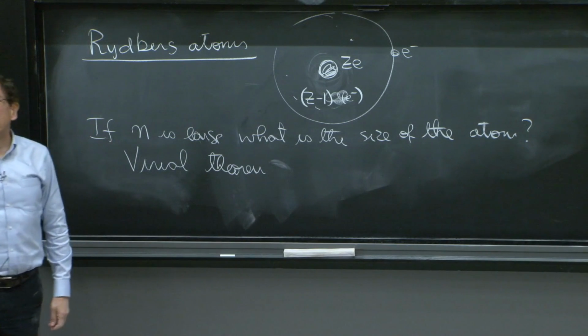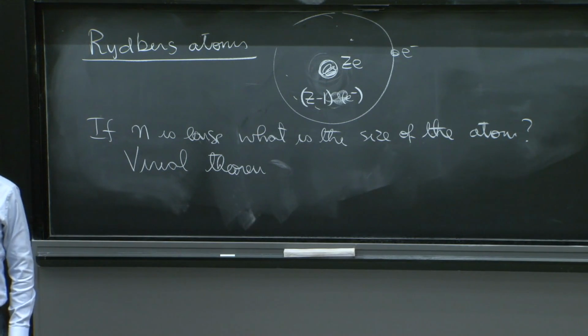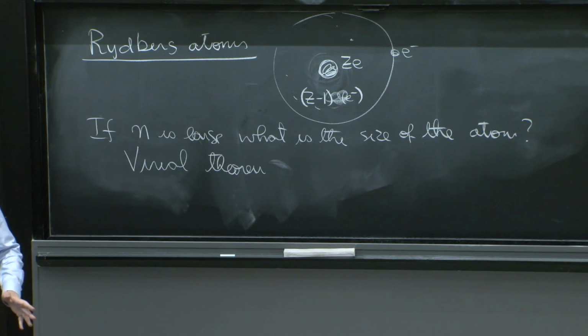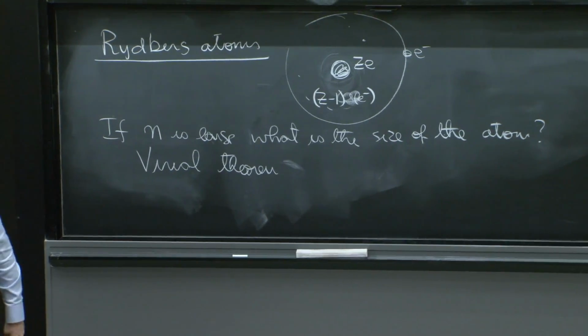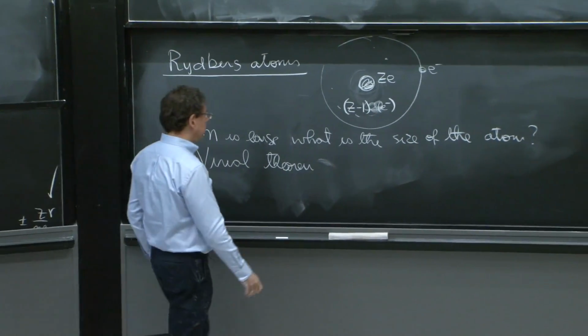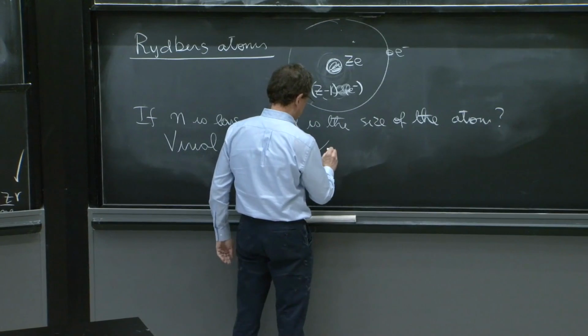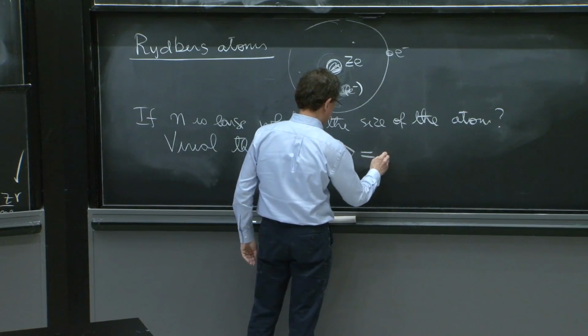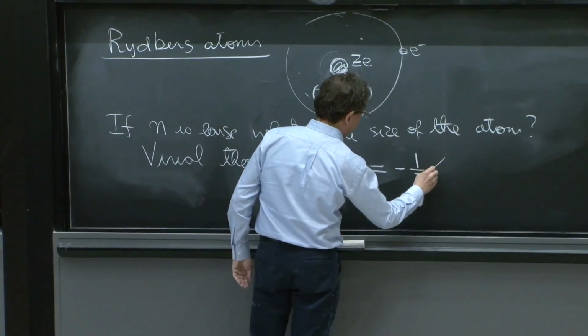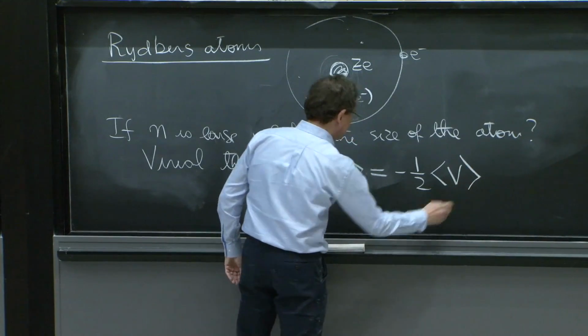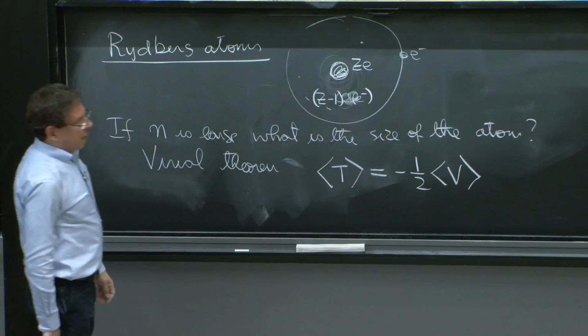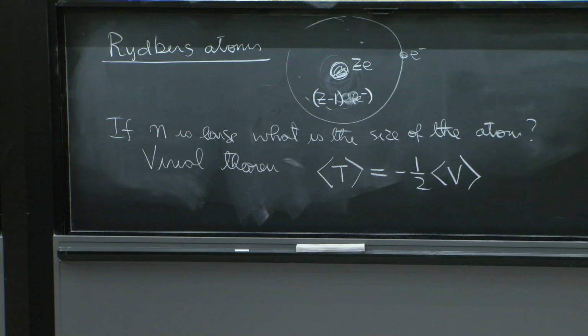Now, whenever I think of the virial theorem, I say, oh, there was a factor of 2 or a 1/2 there. How did it go? It takes me a few seconds to try to reconstruct that it's this, for the hydrogen system, for any 1 over r potential.